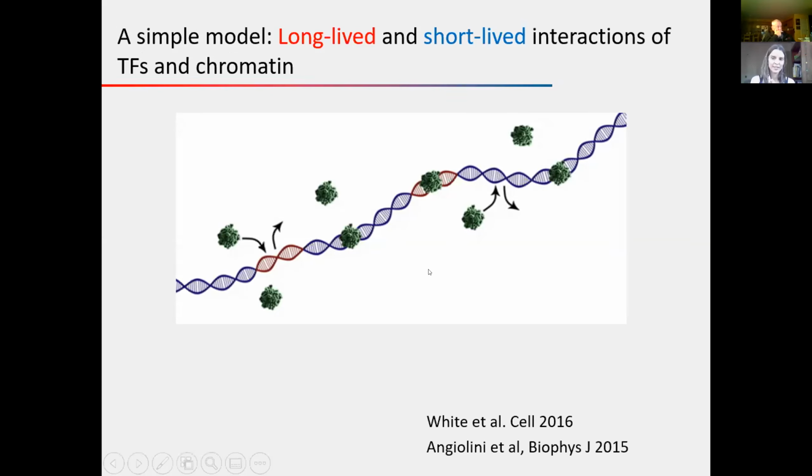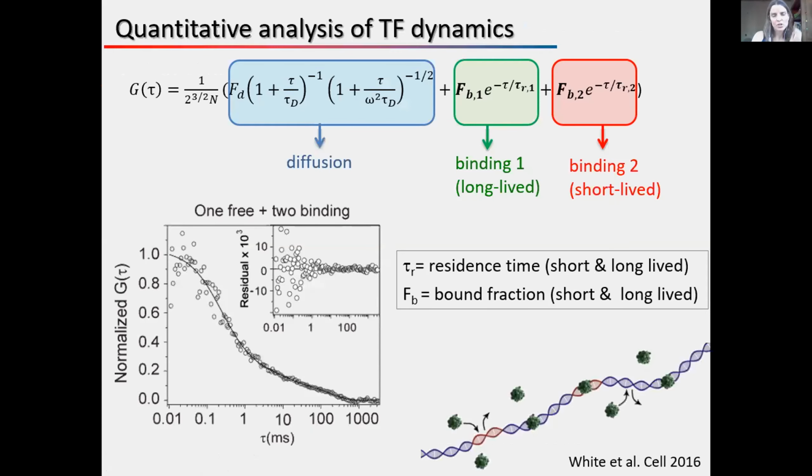So the interactions between chromatin and the transcription factor occur in two different time scales. We can define long-lived interactions and short-lived interactions. When we analyze this model theoretically, it can be included in the following equation.